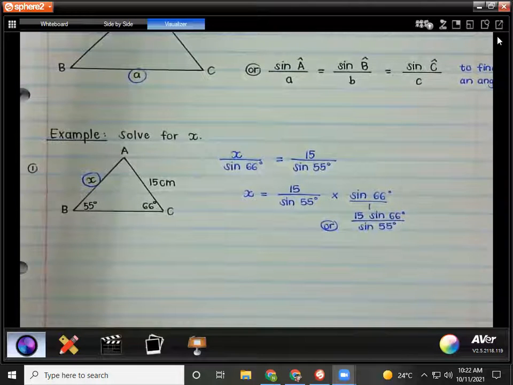If you multiply those two fractions together, you have 15 sine 66 at the top, sine 55 times 1 at the bottom. Please type that into the calculator, guys. Let's see what we get for x.